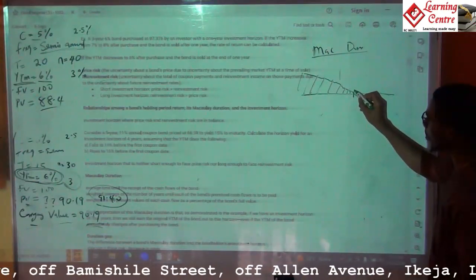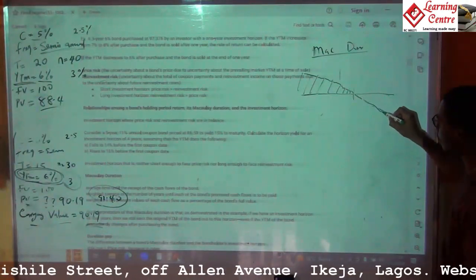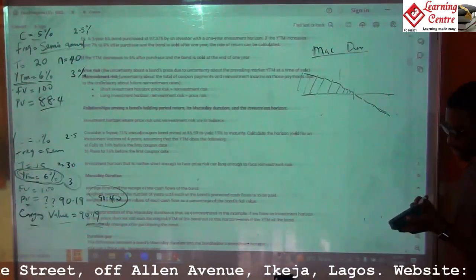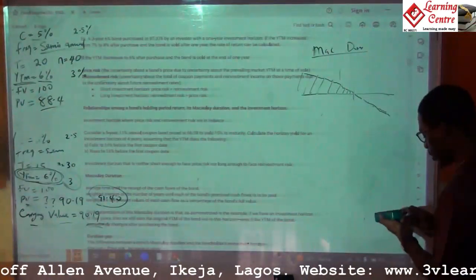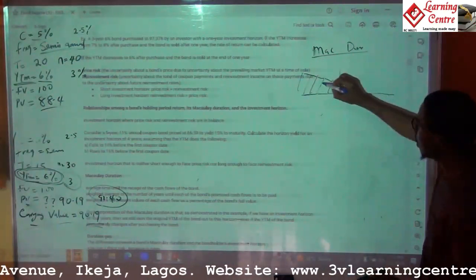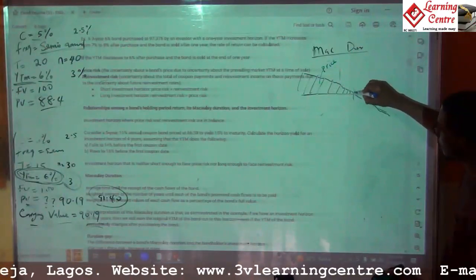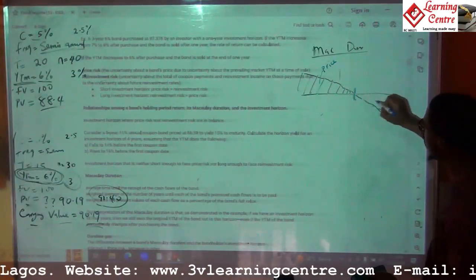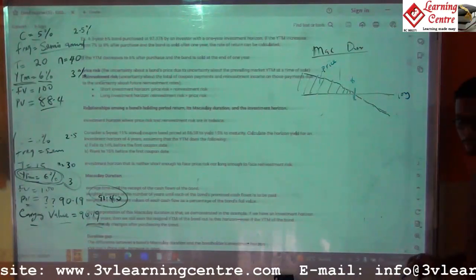If you intend to sell the bond up to this point, that is the concern. Say this is a 10-year bond, once you hold it past 8 years, you are no more worried about price risk.